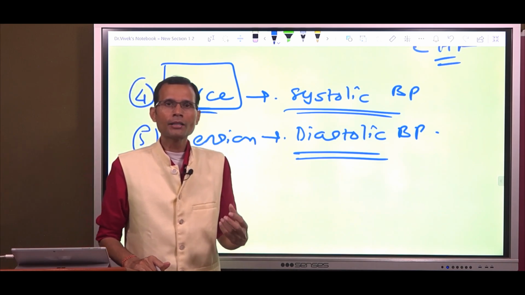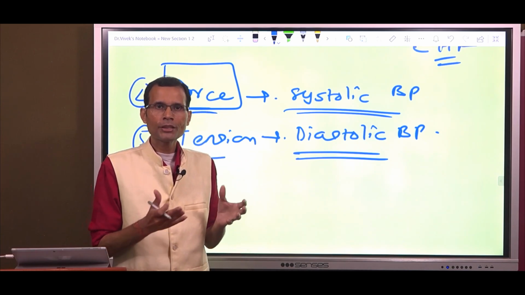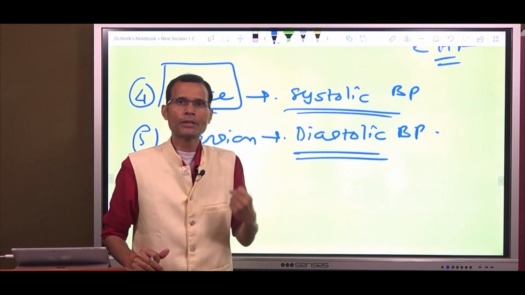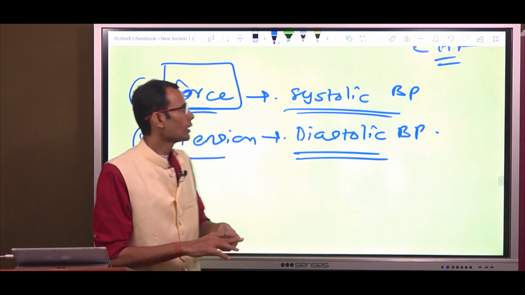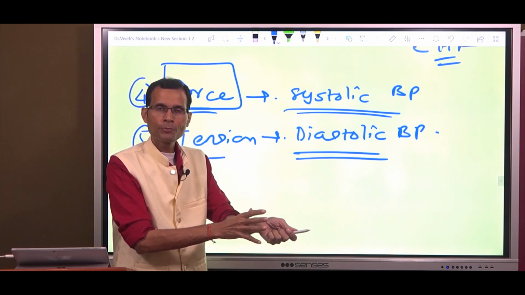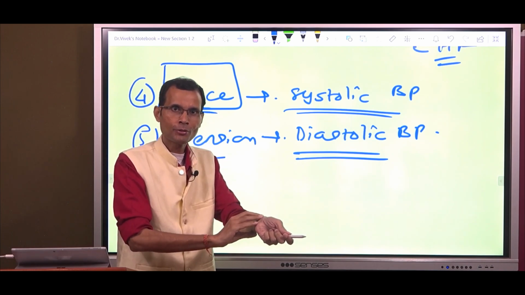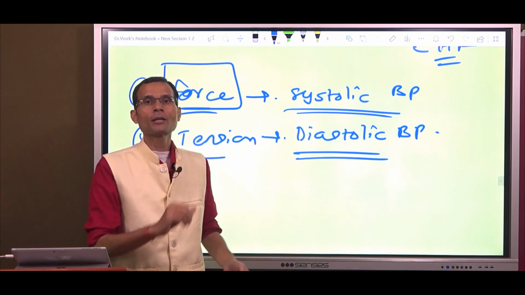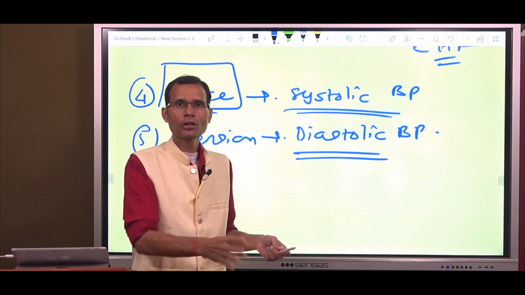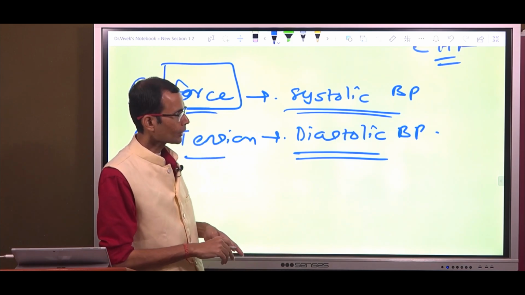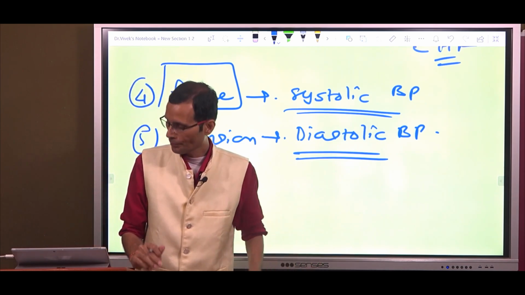Look, if the heart is contracting stronger, the systolic BP will be higher. With each systole, the heart is producing a greater pressure wave, so systolic BP will increase and the pulse also will come with a certain force. That means you will have to apply greater pressure with your fingers to obliterate that pulse completely. We have already said that each time the pulse comes, it is due to systolic pressure or systole in the heart. So, by this method, we are trying to assess the systolic blood pressure.